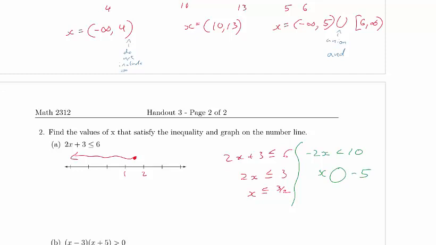Because 10 divided by negative 2 is negative 5. Note the negative sign here. Anytime you're multiplying or dividing by a negative, you're going to flip that inequality. So it will end up being x is greater than negative 5. And so that will be all the values that would make this true. Just something I want to make sure that you keep in mind as you're working through these problems.